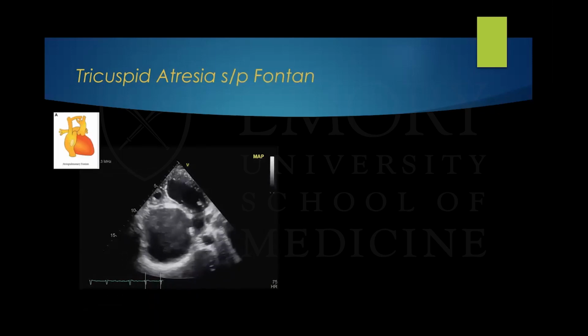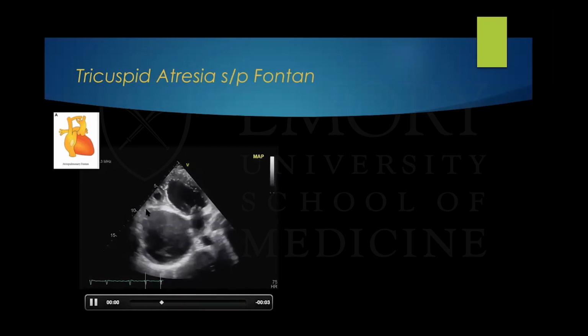Here is another case where you see the four-chamber view. This is the tricuspid atretic plate. There is a little cavity of the right ventricle, maybe because there's a VSD. There is this giant right atrium filled with smoke and possible layers of clot.